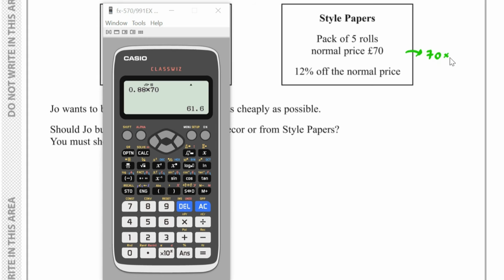So 70 multiplied by 0.88, that's equal to 61.60. That's the discounted price.